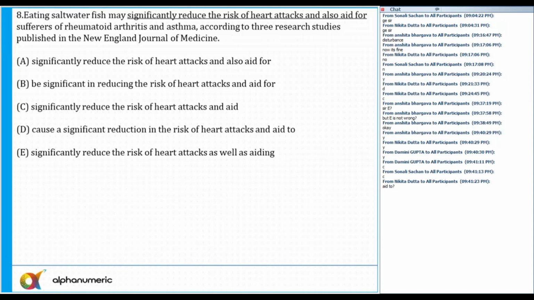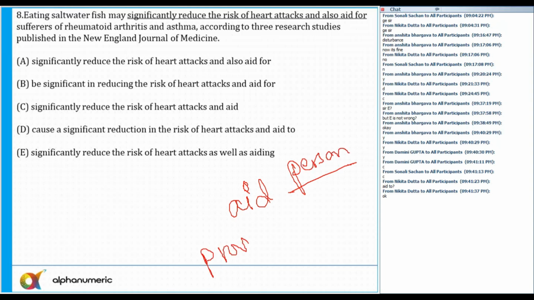Aid to. No. You provide aid to. If you want to use aid to, then you will have to use the word provide. You provide aid to somebody, but you aid someone. If you just want to use aid, then you aid a person like this. If you want to use to, then you will have to write provide.